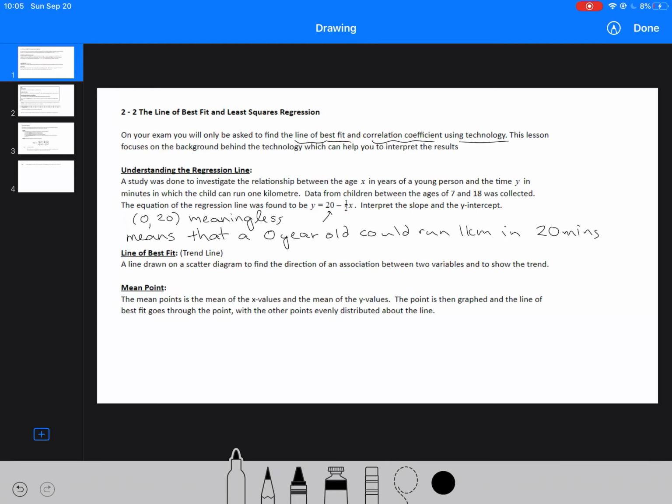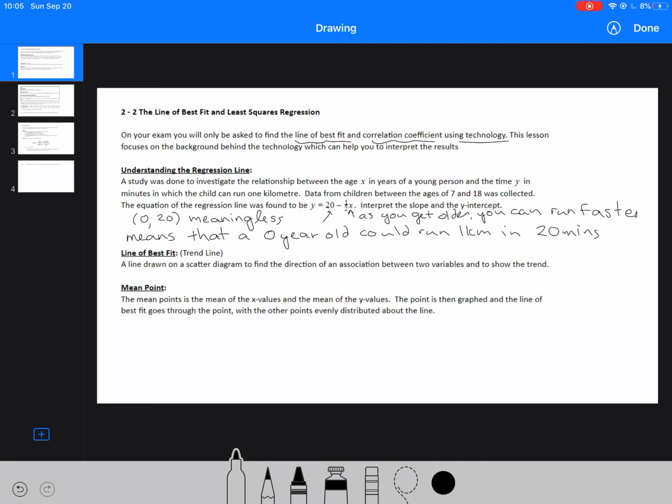So it is negative, so it's falling to the right. That means that as you get older, you can run faster. Now, obviously, there's a limit on here, right?